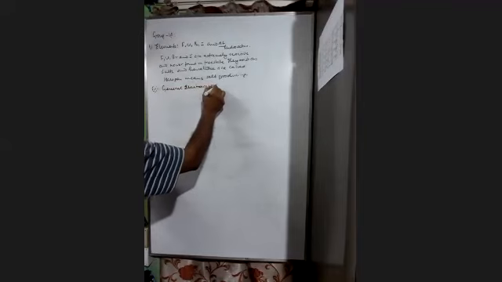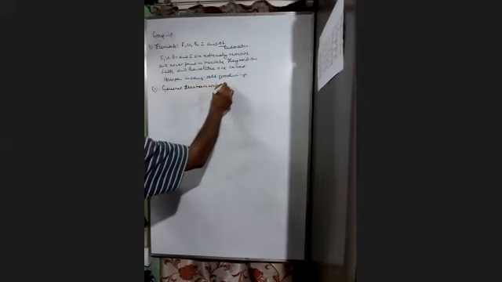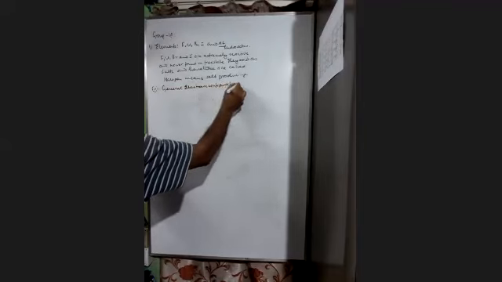Second, electronic configuration. The general electronic configuration is ns2 np5. There is one short of octet.